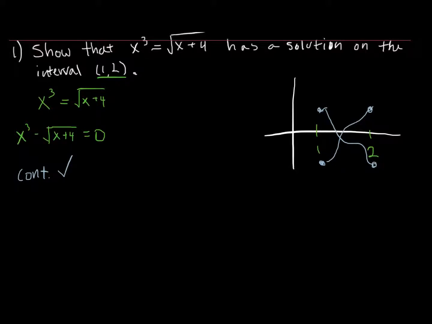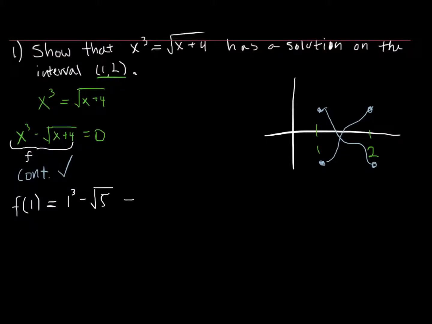So I will name this the function f. And so now I'm going to check f of 1. And f of 1 is going to be 1 cubed minus the square root of 5.